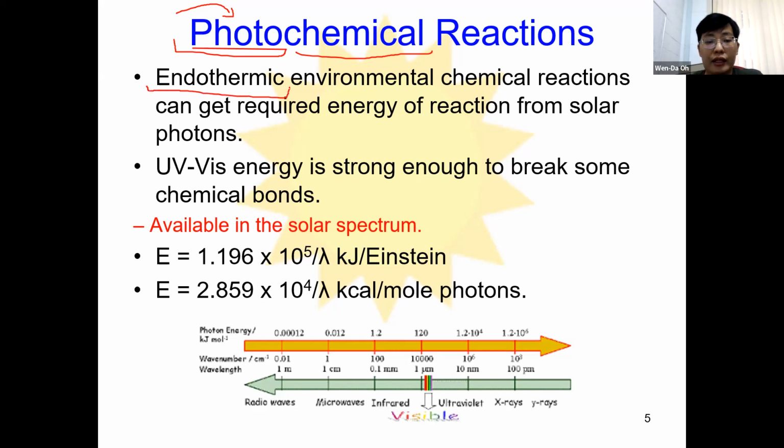This one you can learn it in the physical chemistry, endothermic reaction, right? So the energy comes from the sun. It comes from the photons. Photons here means that it is the radiation, okay, light radiation. We call it as photons, right? It has a lot of energy that can actually excite the molecules to a point whereby it can react with many things. So UV visible energy is one of the strongest energy.